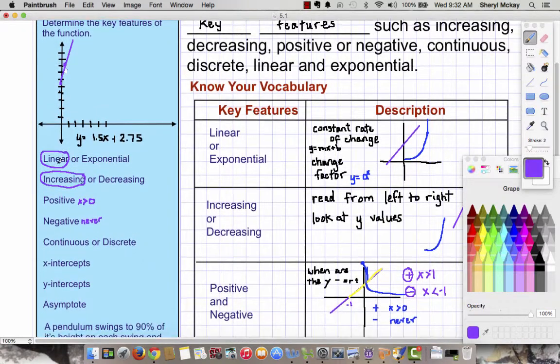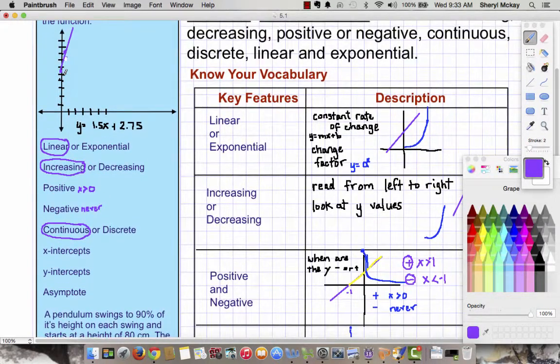Now, is it continuous or is it discrete? Well, this one's pretty continuous. It's continuous because you can stop after a half a mile, a quarter of a mile. There's lots of different places. All these points can be included, okay?